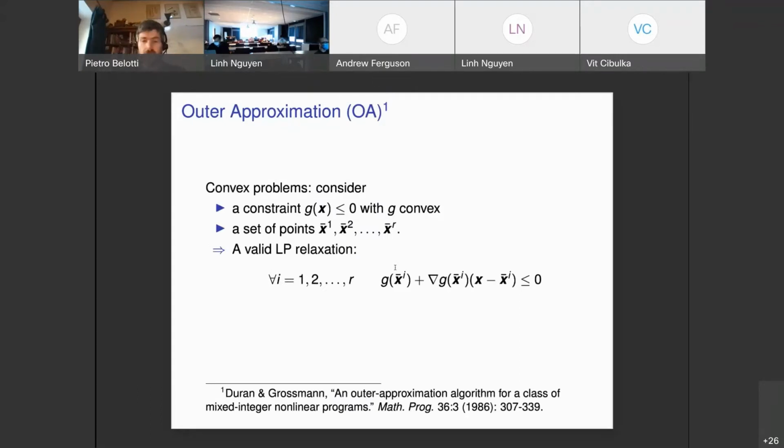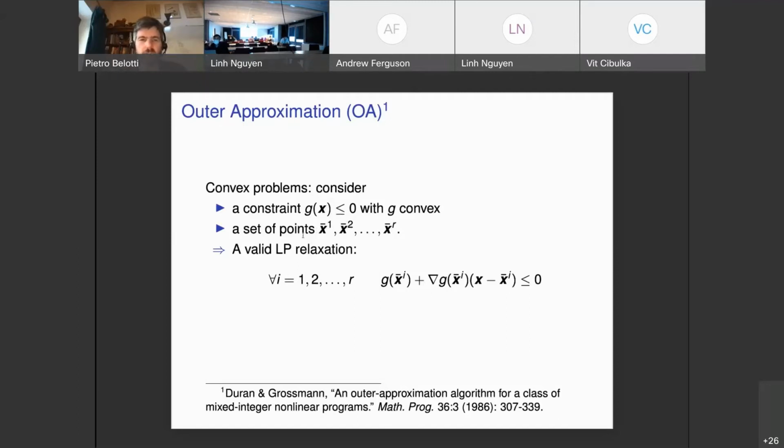I mean, it's been mentioned on and off with different names, but it's an extremely simple technique that takes one nonlinear constraint that we just define very generally as g(x) ≤ 0, with x a vector of variables, and it takes any points x̄1, x̄2, etc., which may or may not satisfy the constraint.